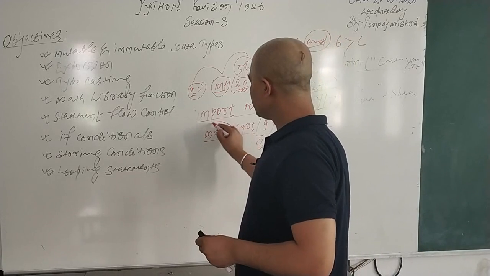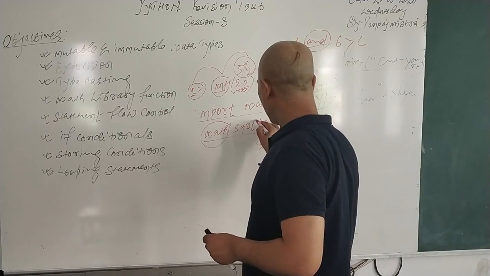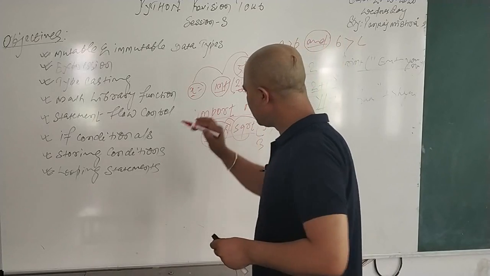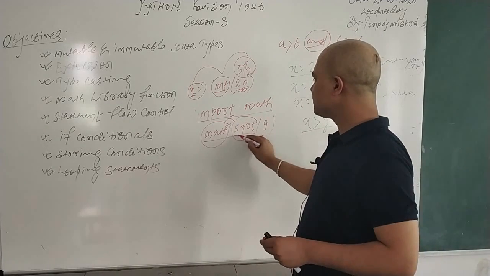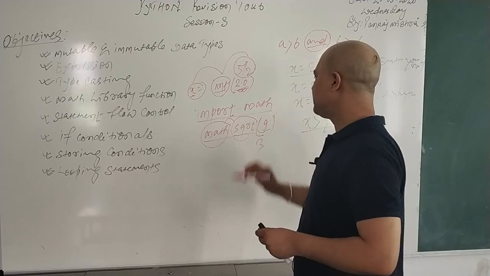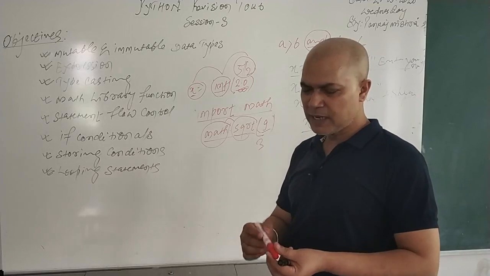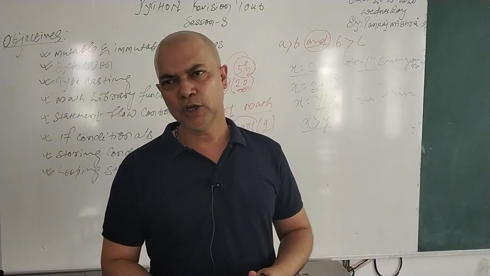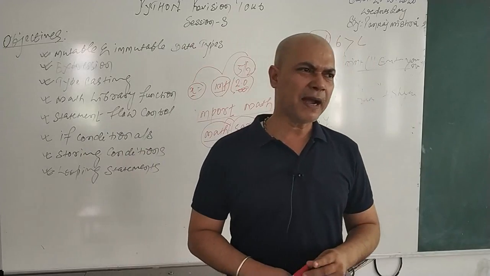So here math is a module and sqrt is a function which is a part of the math module. So you write the function name, open and close brackets, and then the value that you want to use. There are some sets of methods in the math module in the Python library.